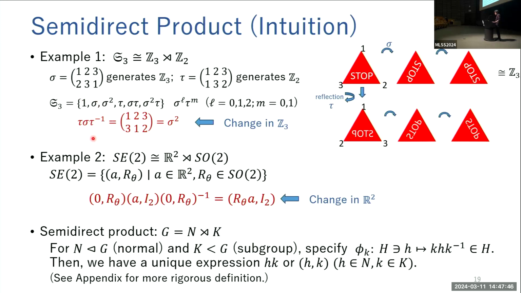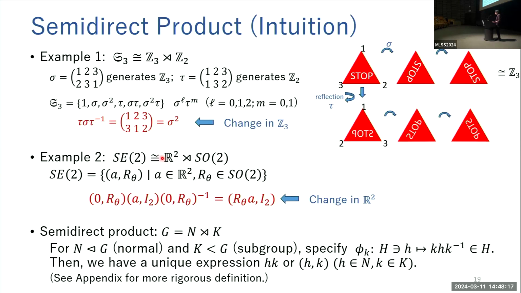Application of this conjugation gives some change within this subgroup Z3. This is not the identity mapping, but some group isomorphism of Z3. This twisting of sigma by tau makes some isomorphism of Z3.